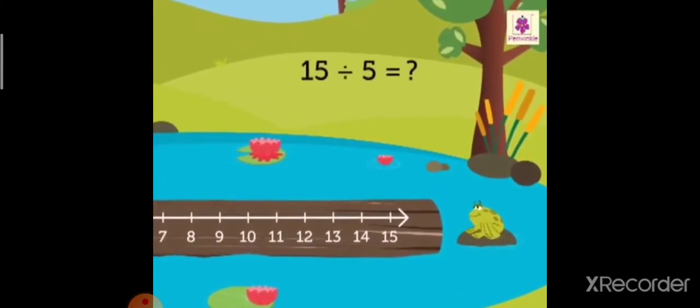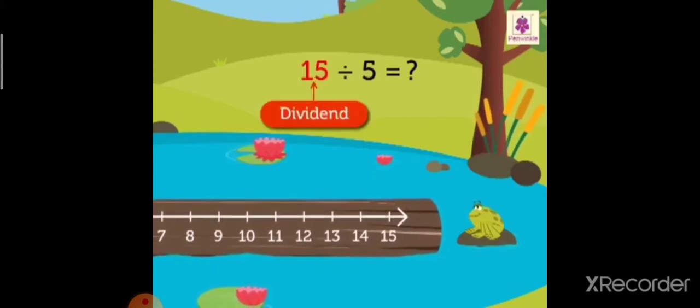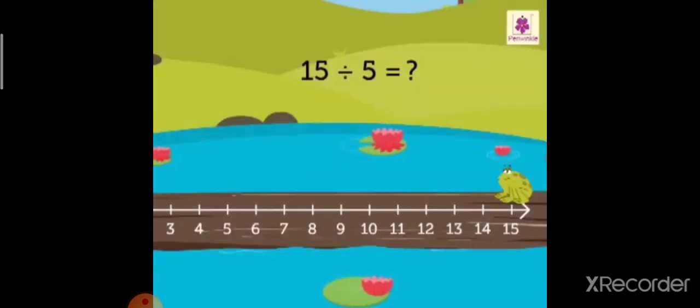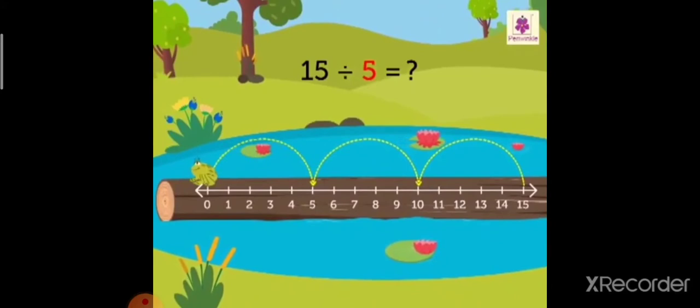15 divided by 5. Here the 15 is dividend and we will start from 15, and Bumpy will take jump of 5 because 5 is divisor. So let's help Bumpy. 15 to 10, 10 to 5 and 5 to 0.